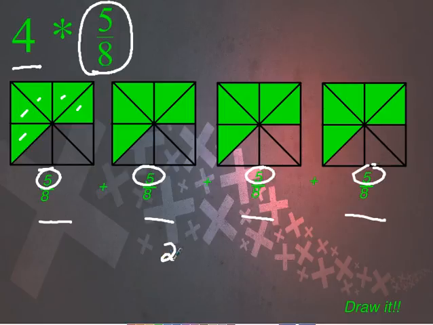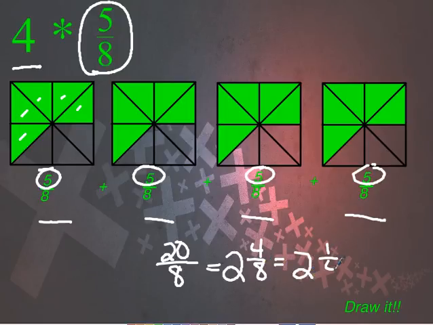So I end up with 20, and they're still the size of eighths, which I know 8 goes into 20 2 times. 2 times 8 is 16. 20 minus 16 is 4 out of 8. So this is actually equal to 2 1/2.